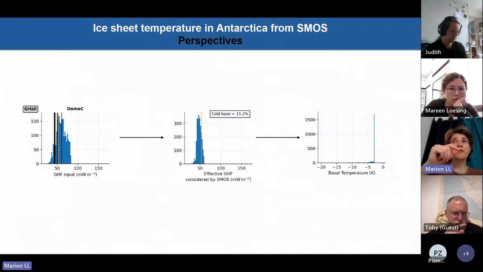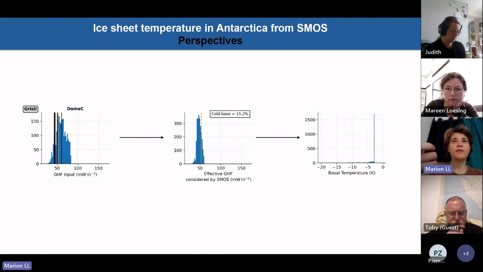The problem is SMOS is sensitive to the ice temperature and not directly to the geothermal flux. That means in case we have melting at the bottom, so we have a warm base, SMOS can't give information about geothermal flux.